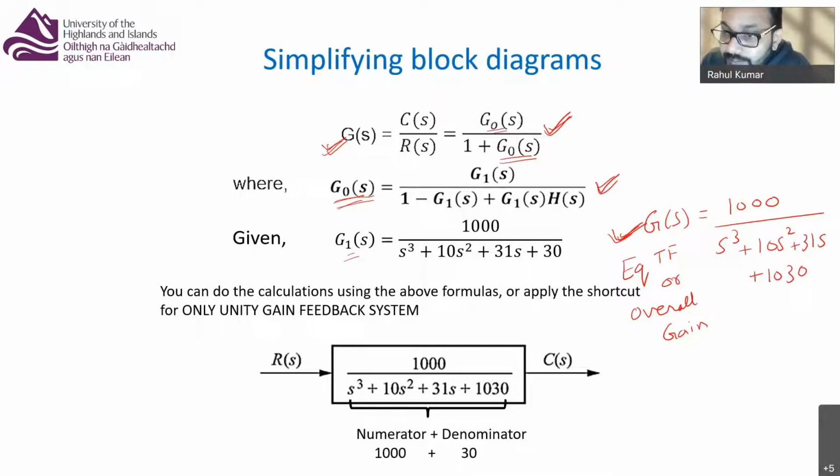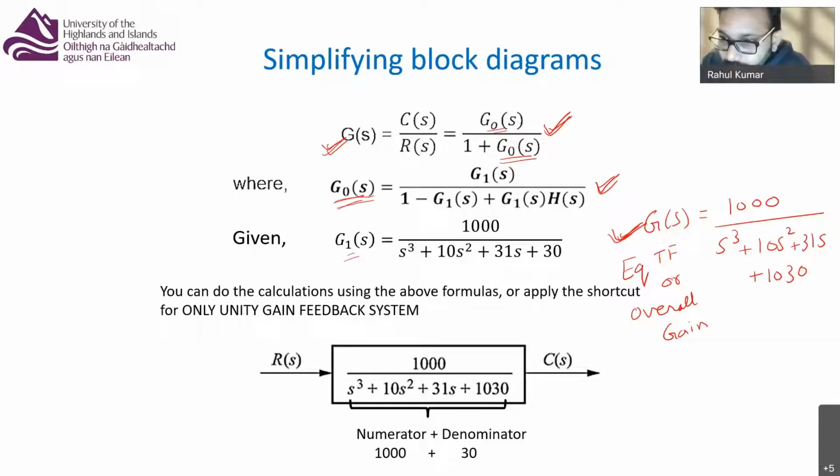To check your answer, you can see that G1 of S, the forward path gain, was given as 1000 divided by S to the power 3 plus 10s square plus 31s plus 30. So this was my forward path gain.